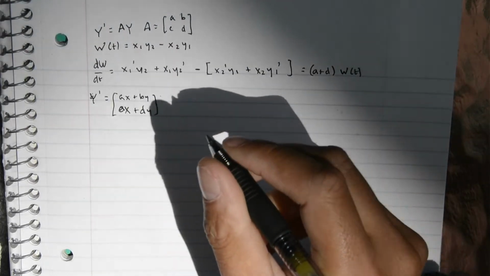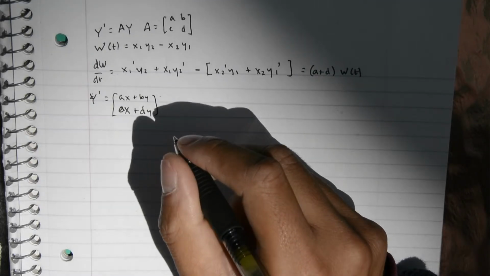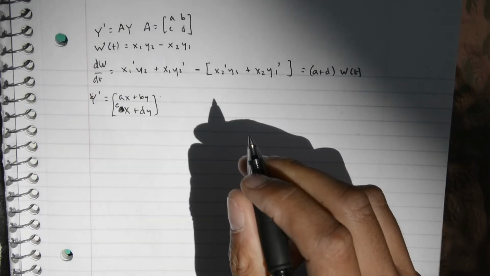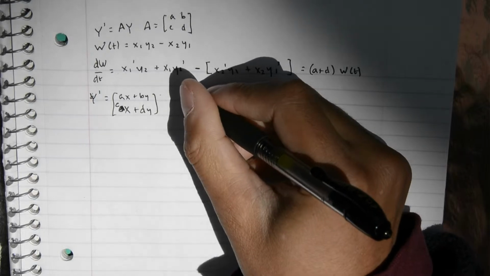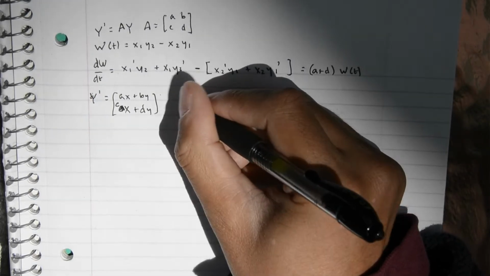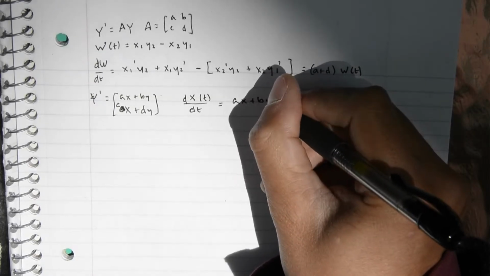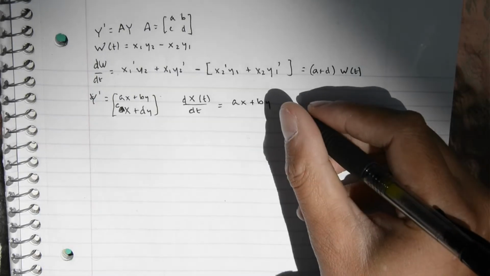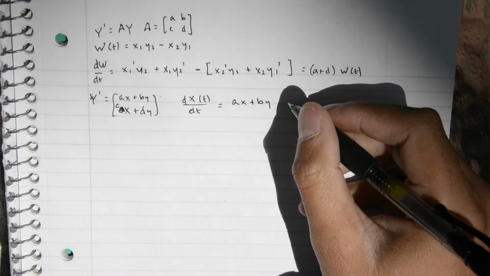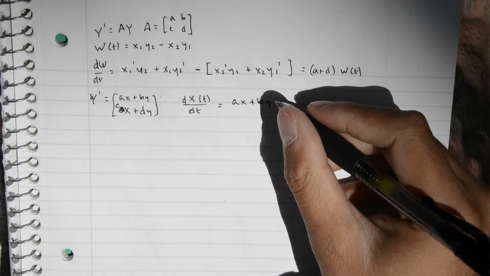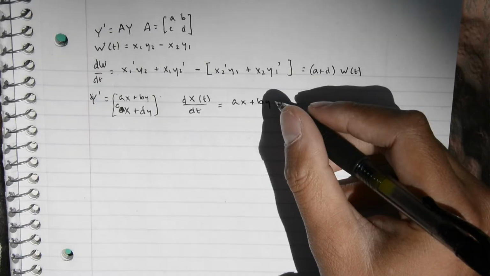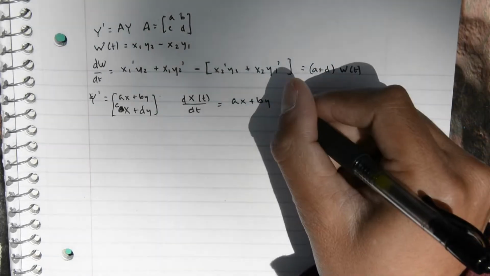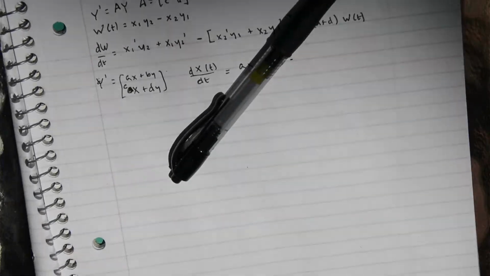That's the whole thing. If dx/dt is equal to ax plus by, and we take the derivative of, is it not going to be... okay, I need to ask. I don't know.